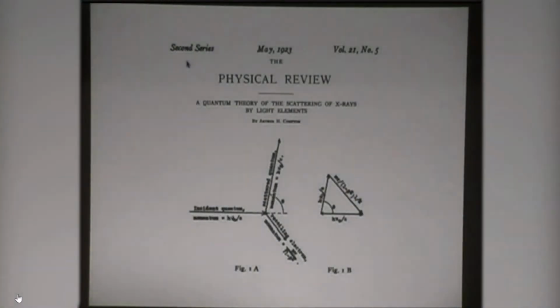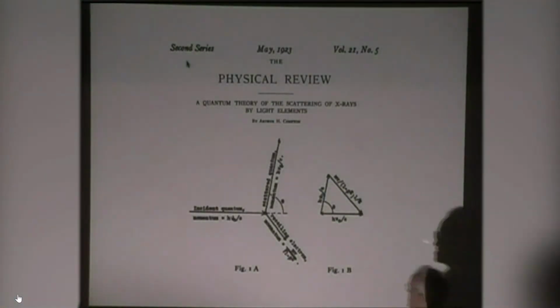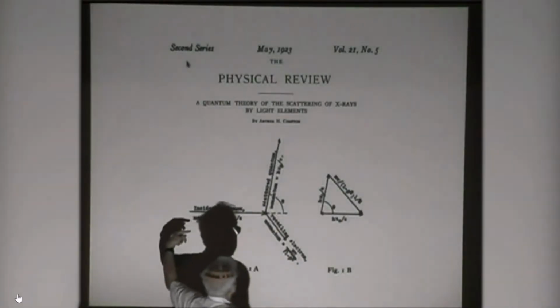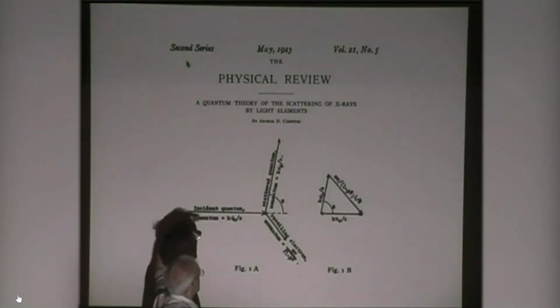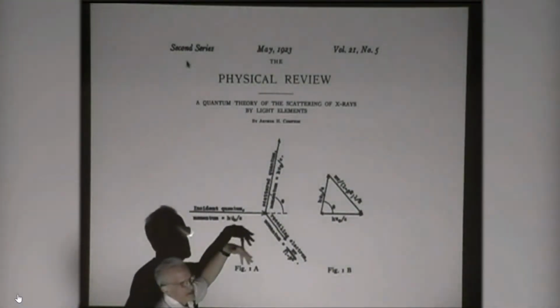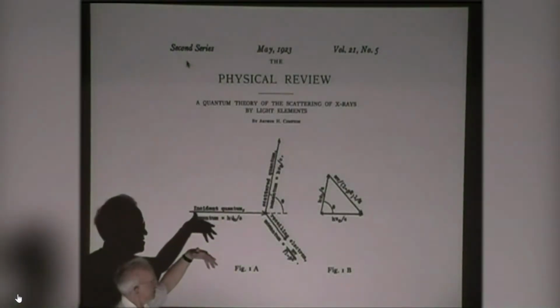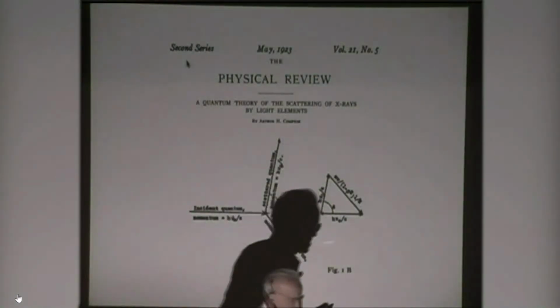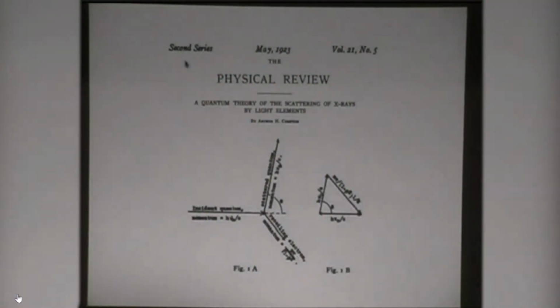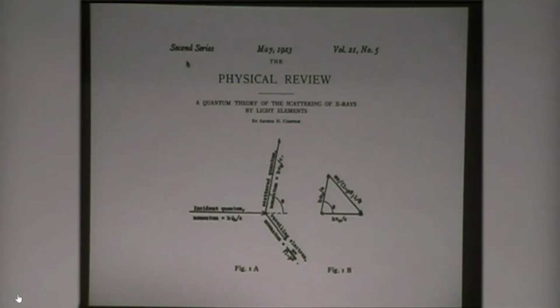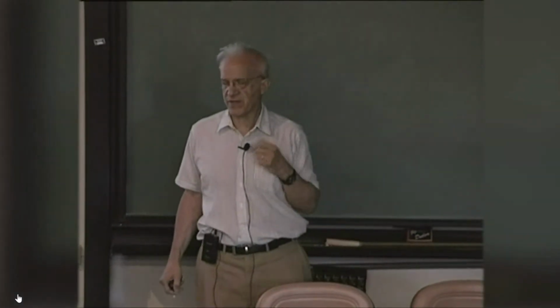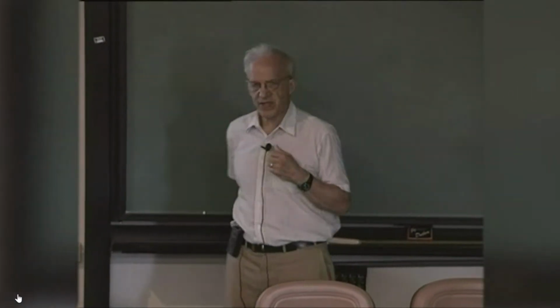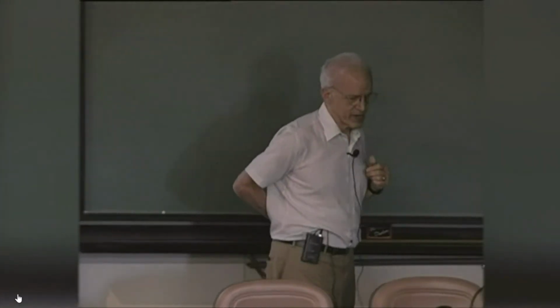Remember, in the Compton effect a quantum comes in and scatters off an electron and gives momentum to the electron and goes off in a different direction, and because it has given off momentum, it has given off energy and its frequency changes. That's the Compton effect, discovered in 1923. Compton got the Nobel Prize for that.